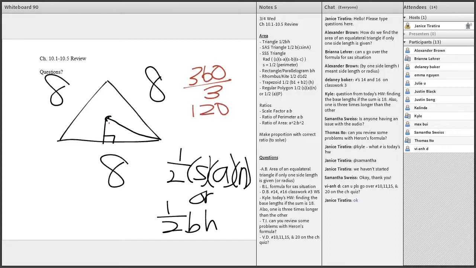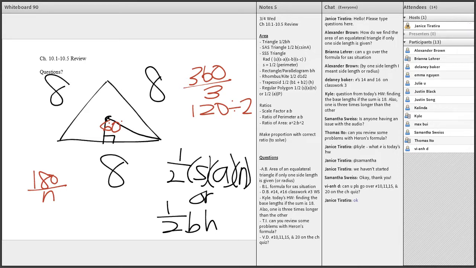You get 120, but then you have to divide that by 2 to get 60. Some teachers do it where they say 180 divided by n, the number of sides. Regardless, you'll get 60 degrees there.